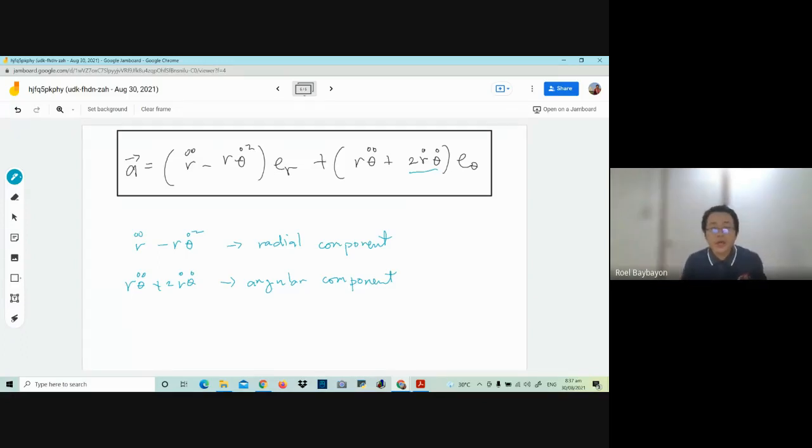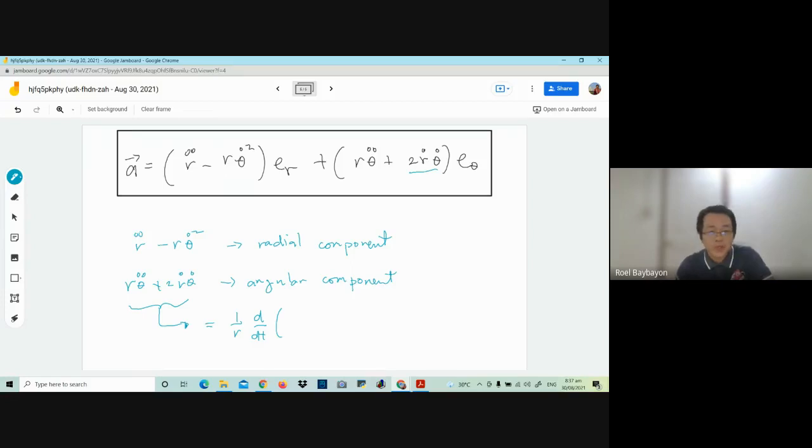Sometimes this r theta double dot plus 2 r dot theta dot can be rewritten as 1 over r d/dt of r squared theta dot. Magamit nato ni later when we solve for the energy equation of planetary motions.